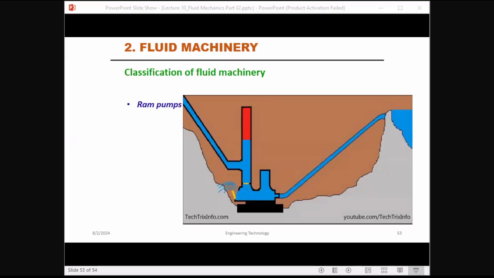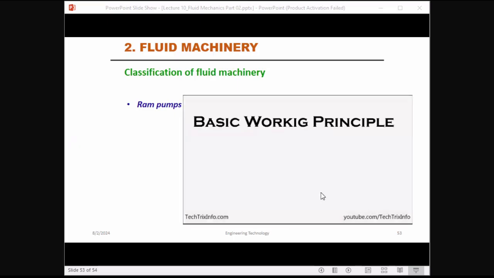As a result of this, the waste valve opens up and the water is being pushed outside. So once the water is pushed outside, again water comes from the uphill, the pressure increases, and the cycle continues, and that's how the water is again and again being pumped. So I believe you got an idea about the working of the ram pump. So that's how the cycle continues and the pump works continuously.